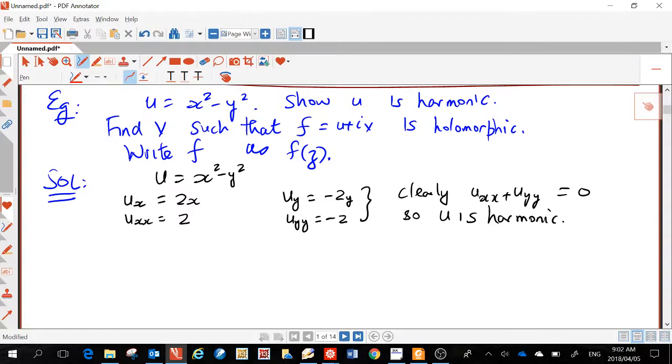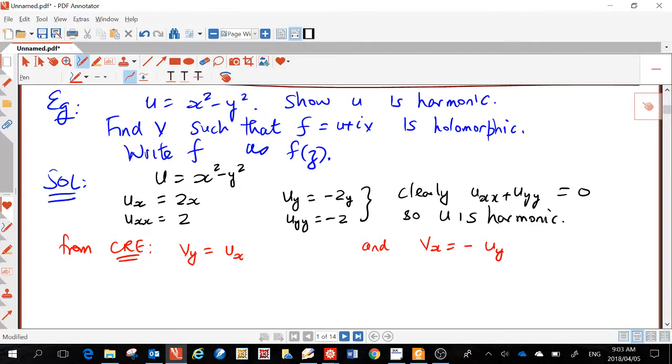So let's start off from the Cauchy-Riemann equations. From the Cauchy-Riemann equations, we know that ux is vy. In other words, vy is ux. And we also know that uy equals minus vx. So vx equals minus uy.